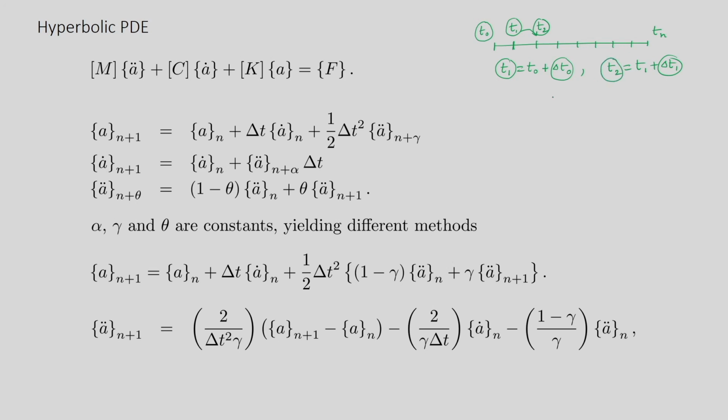So in general, starting from tn we will try to find the response at the tn plus 1 time instant by taking a time step delta tn. Let me just repeat: we know the response at time instant tn, we will take a time step delta tn and we will try to find the response at tn plus 1.